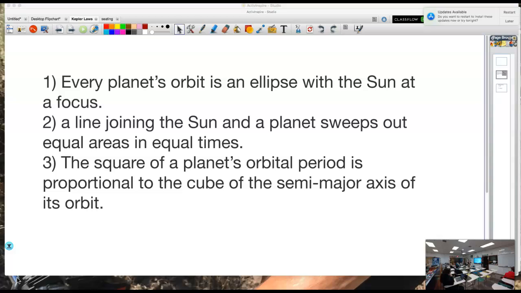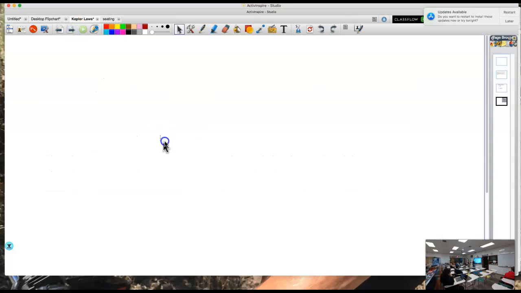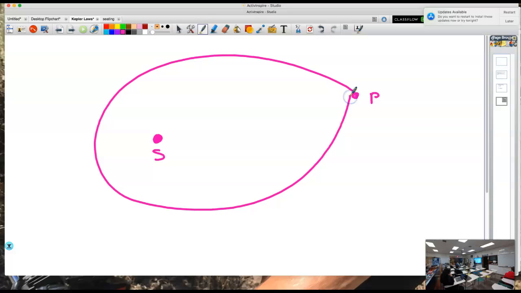And they're equal areas in equal times. So if we got the sun and we got a planet, let's get a pen. What's the shape of the orbit? Ellipse. There we go. So now it connects those two, and at equal area in time.